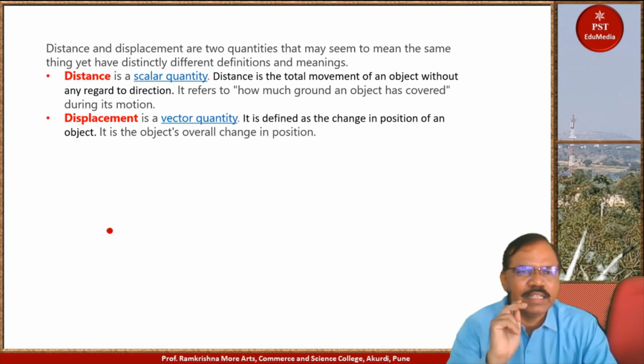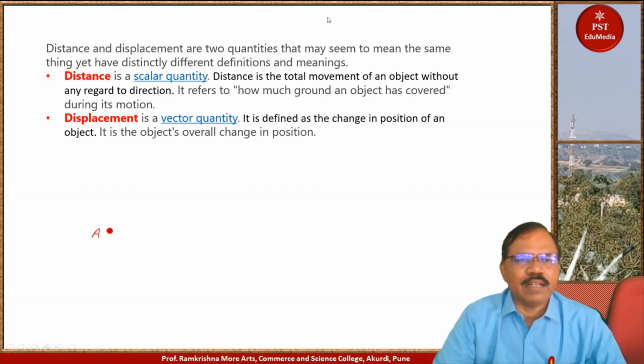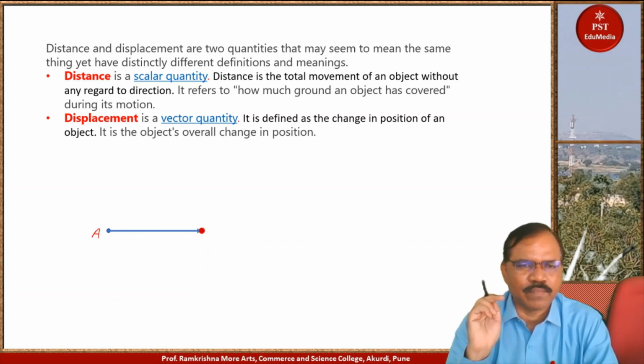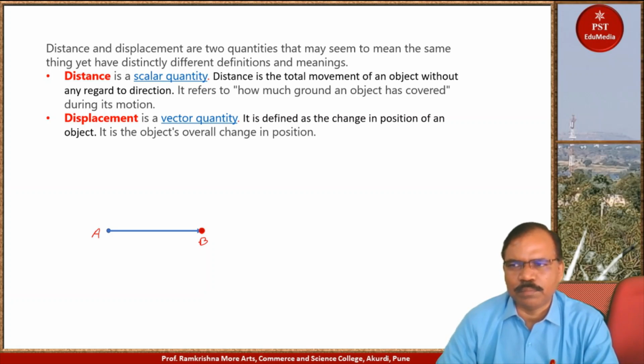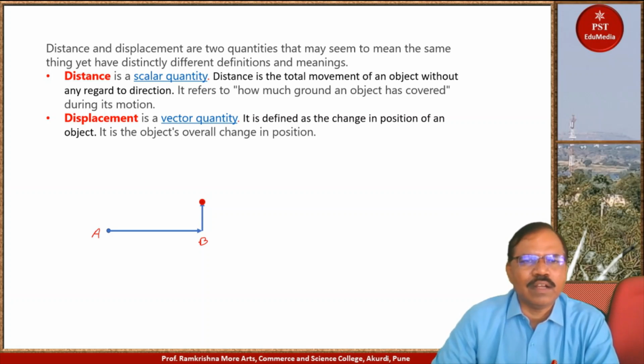Now we will see an example. Here I have taken one body. Suppose initially it is at position A. And suppose this body moves along this direction. So it goes up to B. Then it moves along this direction.